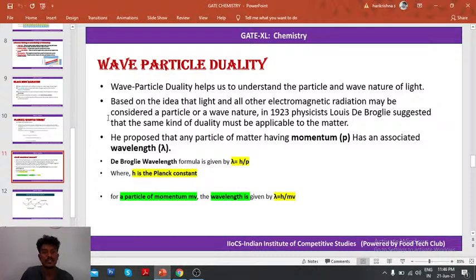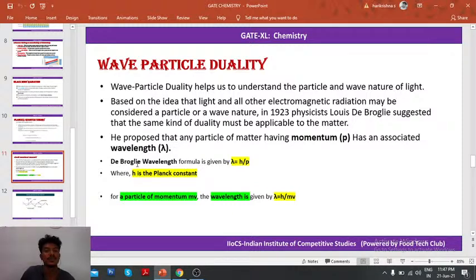What he proposed is that any particle of matter having momentum P has an associated wavelength. As we know, various particles have momentum. So any particle with momentum P has an associated wavelength lambda.